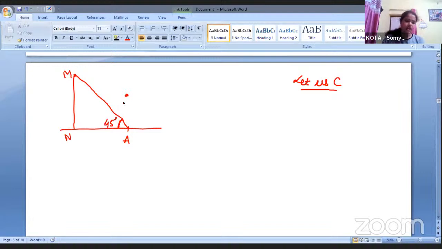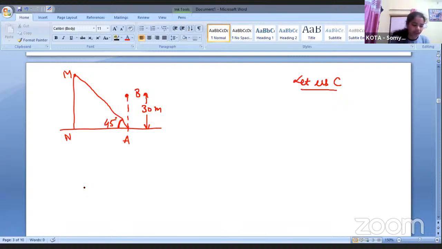So let us suppose that this point is B. This distance is 30 meters, 30 meters vertically above this point. So let us suppose that B is here, vertically above this point. Till here it was all right.